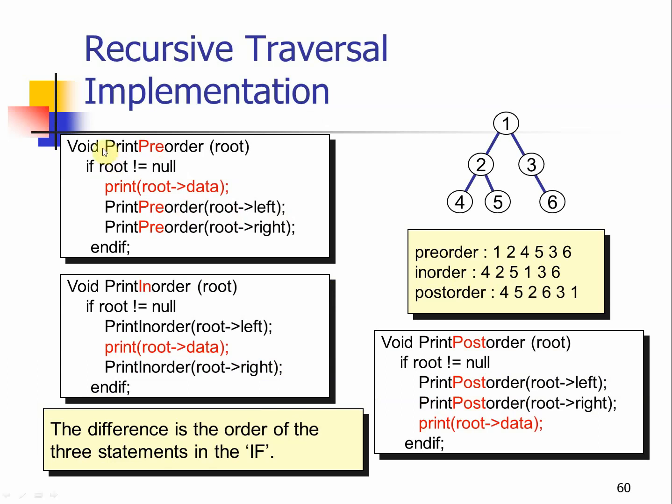You see that the pre-order function is defined as a function provided a node. That's where we're going to look. As long as that node is not null, what we are going to do is print out the node, so print out the data part, and then we run the recursive function passing the left node.